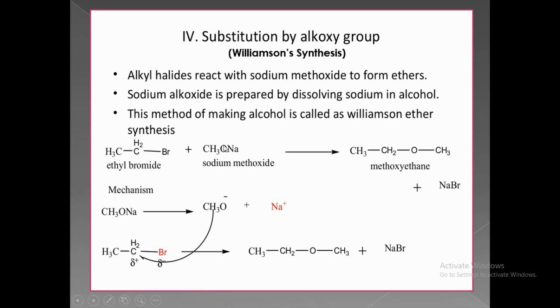There is no difference. The methoxide or ethoxide is the nucleophile, and it will attach over the positive carbon center, and Br will be removed. So CH3CH2OCH3 plus NaBr is formed, that is the methoxyethane molecule, and one molecule of NaBr. In this way methoxyethane is formed from ethyl bromide, from alkyl halide.